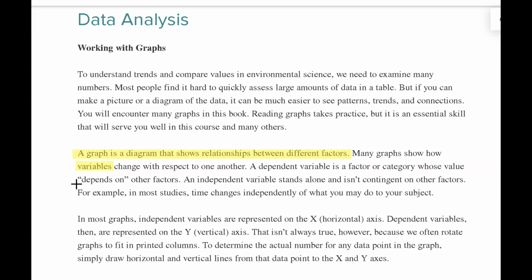Okay, so the variables are usually presented using two different axes. One of them is called the x-axis and another one is called the y-axis. So let's talk about it. The x-axis is usually the horizontal axis. Horizontal means it's parallel to the horizon, so you can remember it this way.